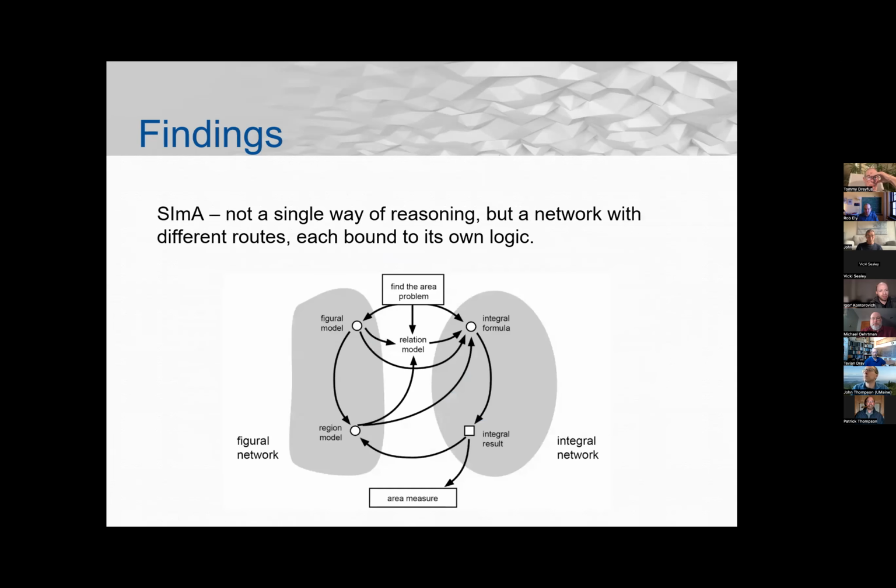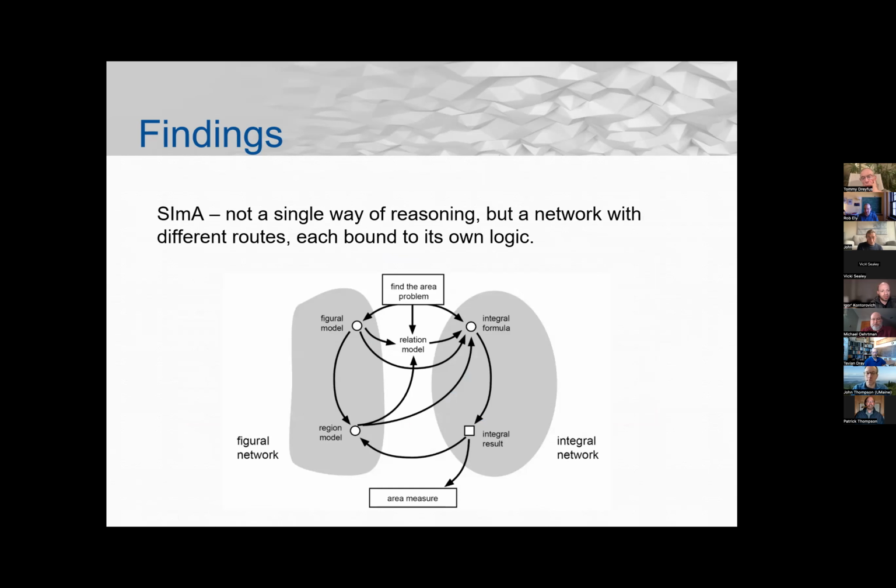And when we delved into the nuances of what they were actually doing and how they were approaching it, maybe I will not exhaust you with this figure, but it turned out that there is no single way in which they think about that.